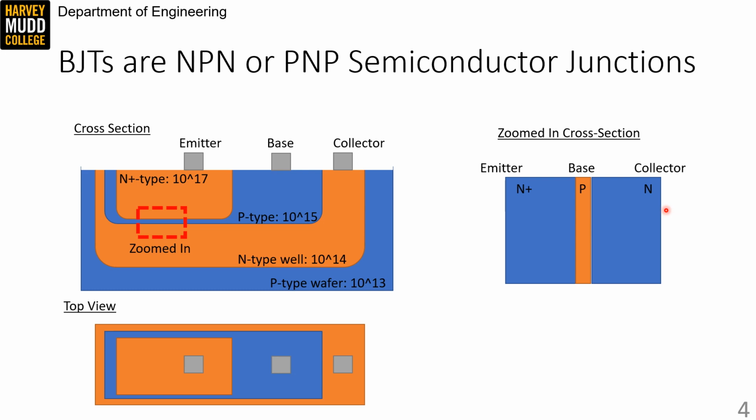This N-type region is labeled the N-well, which is a construction that you'll see on chips that converts them from P-type to N-type. It creates a big N-type region that you can build devices in. So those tend to be large, low doping level implants.